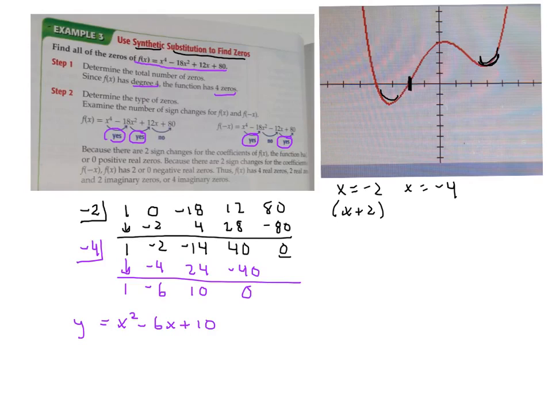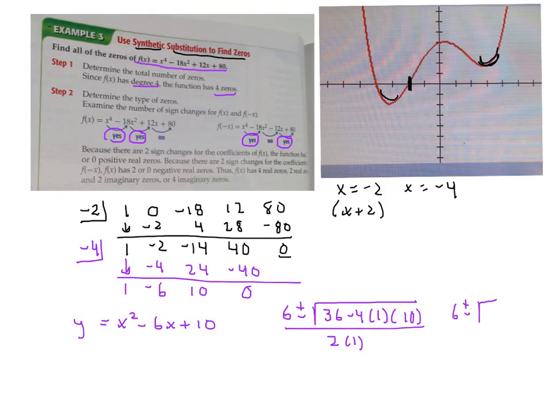But I can use the quadratic formula now to find my imaginary zeros. So I'm going to say 6 plus or minus the square root of b squared, which is 36, minus 4 times 1 times 10, all over 2a. So this is 6 plus or minus the square root of 36 subtract 40, which is negative 4, all over 2.